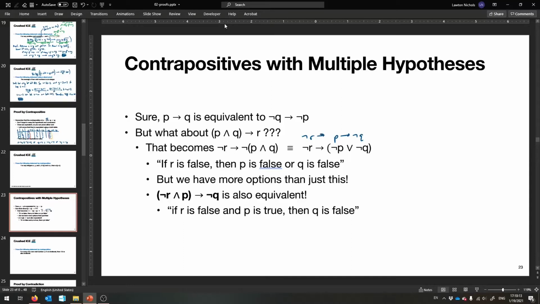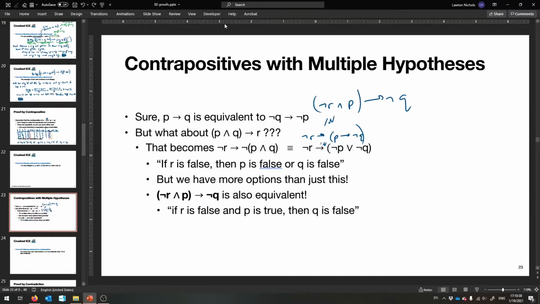So it's like that implies all that. So if not R and if P, then not Q. And so you can bring these together with an and: not R and P implies not Q. So these are the same. It's equivalent to saying this, which is weird to think about.